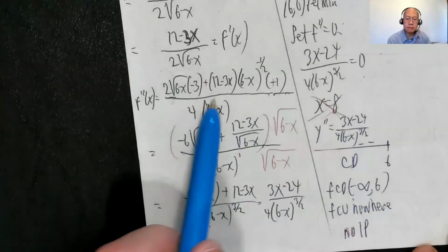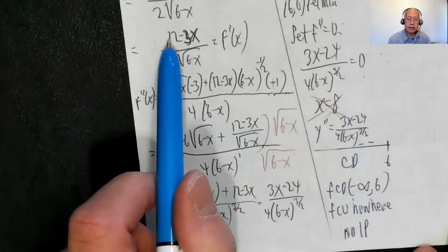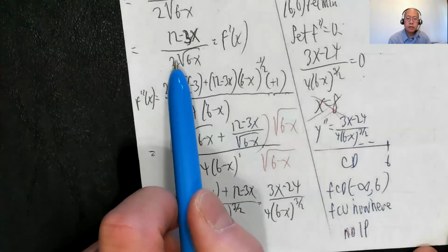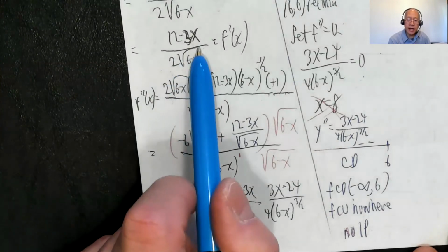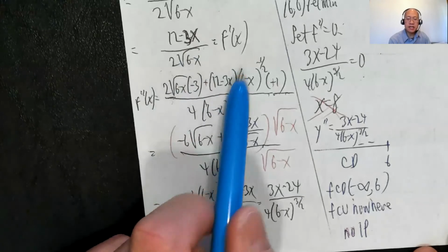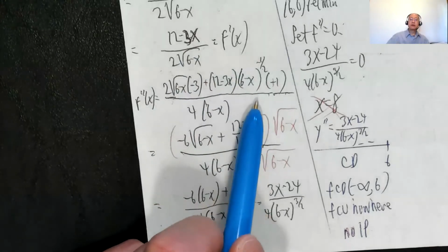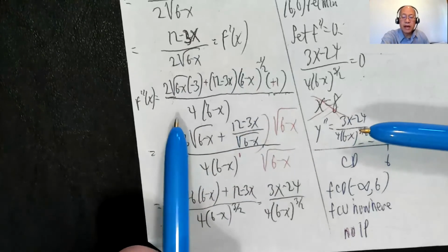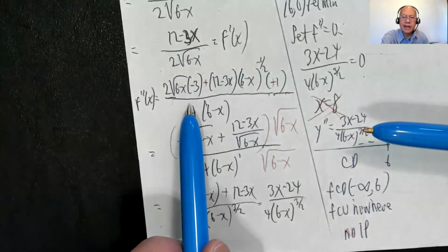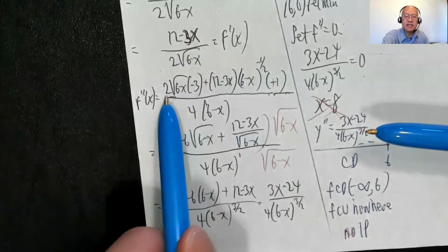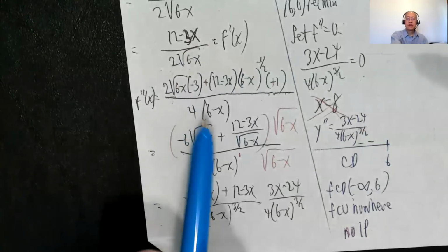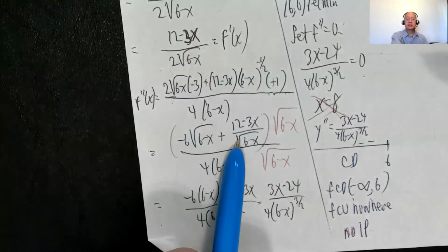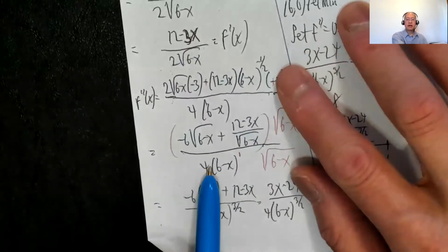Double prime is really messy. Bottom times derivative of the top, -3. Plus the top times derivative of the bottom. Let's see, I have 2 times 1/2, 1, 6 minus x to -1/2 times -1. Okay, so let's see, this is going to come out to be -6 radical 6 minus x plus 12 minus 3x over radical 6 minus x, over 4 times 6 minus x.